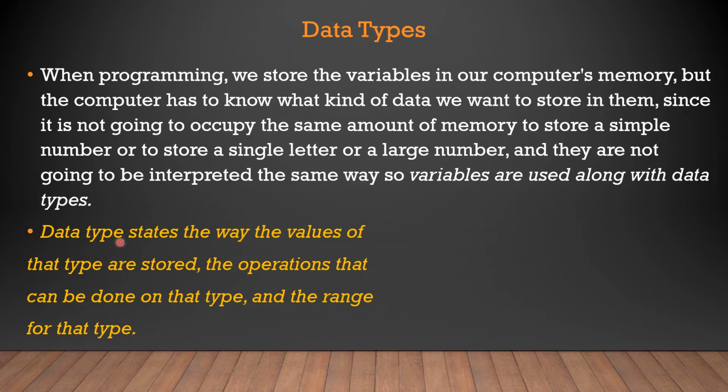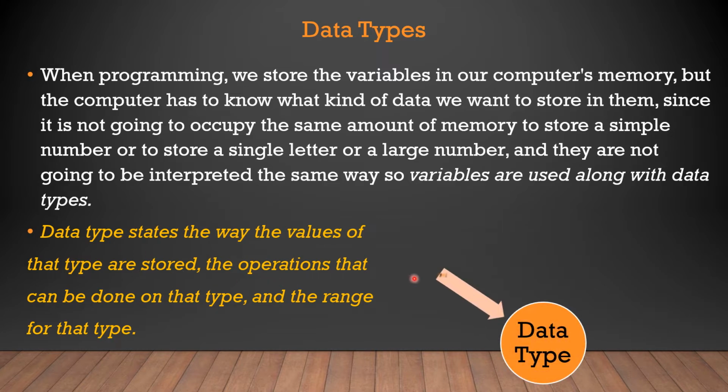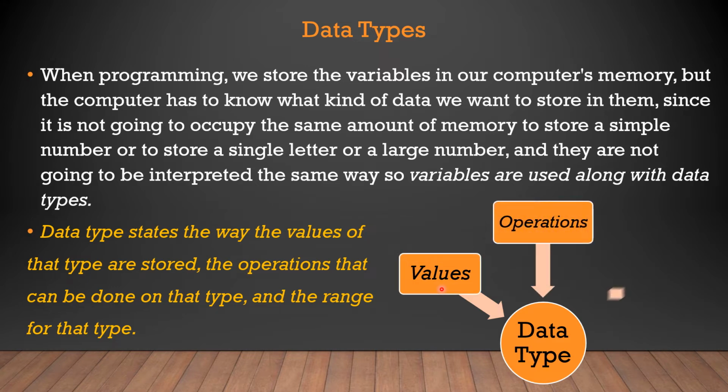So basically, data type helps us to know about three things. First is values, means we can know what kind of values we are going to store. Then operations, means what operations can be done on these values.